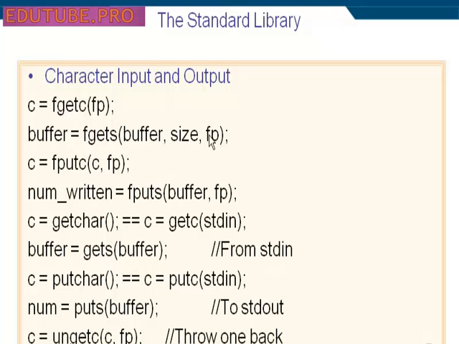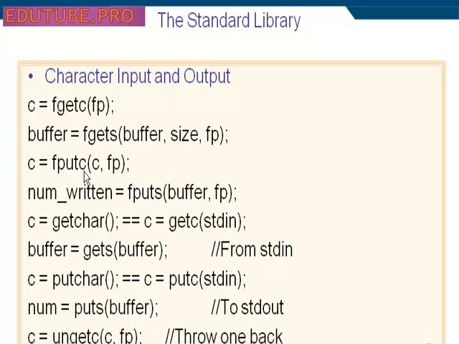So fgets reads a string from the file pointer up to this size, puts it into the buffer, and also returns a pointer to the same buffer. We pass this address in and get the same thing back. It's just for some assignment capability.